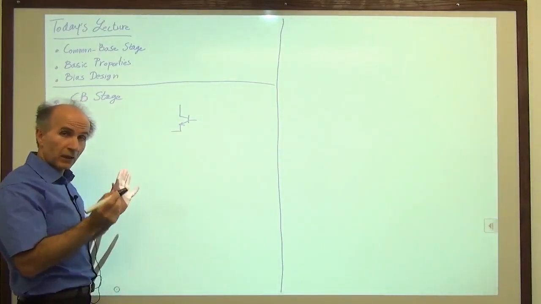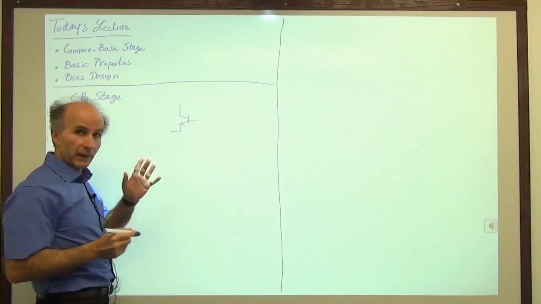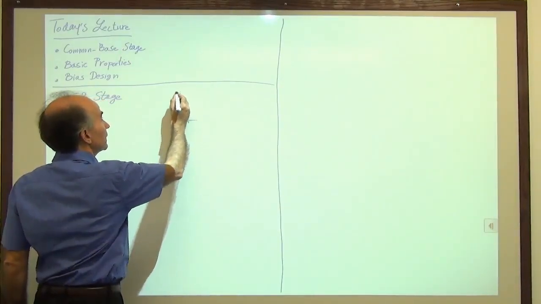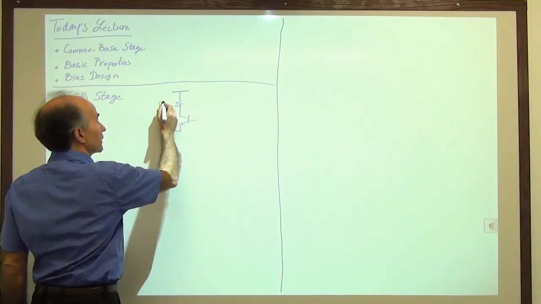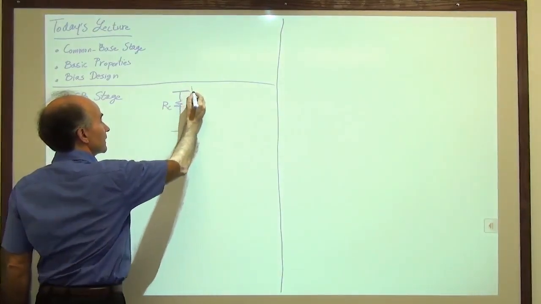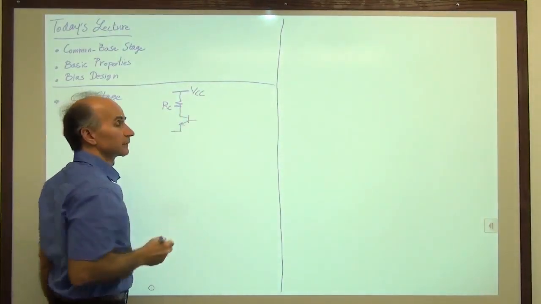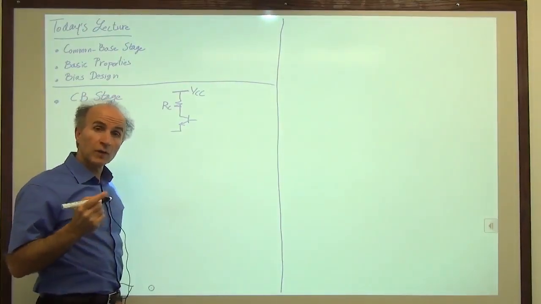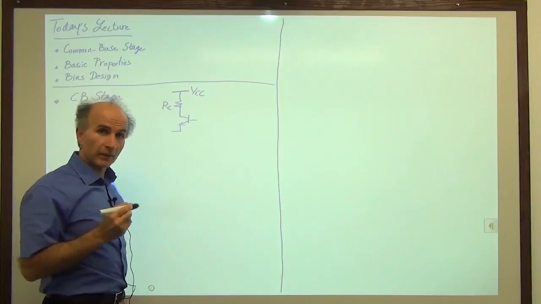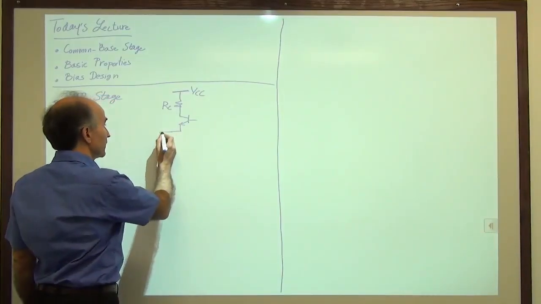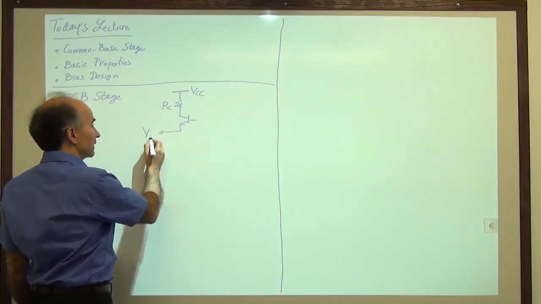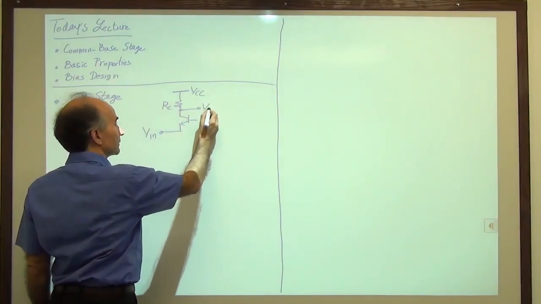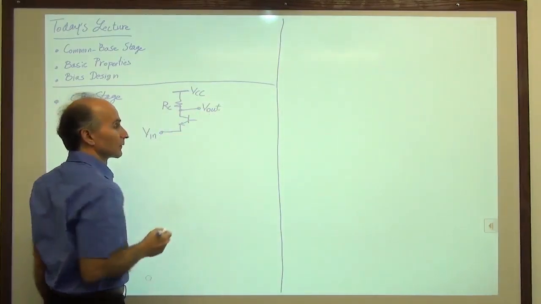But again, that's not something that everyone agrees on. So we have a resistor from the collector to VCC as usual. But this time, the input signal does not go to the base, it goes to the emitter. So the signal comes in here, we can call it V in, and goes out of the collector. We call this V out.